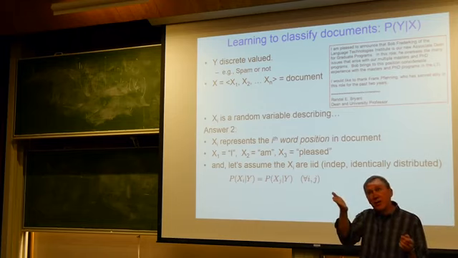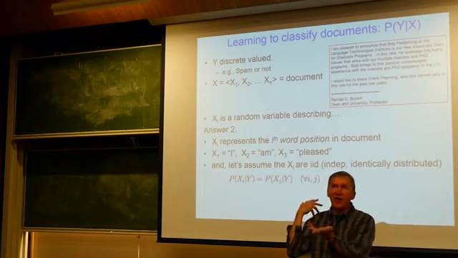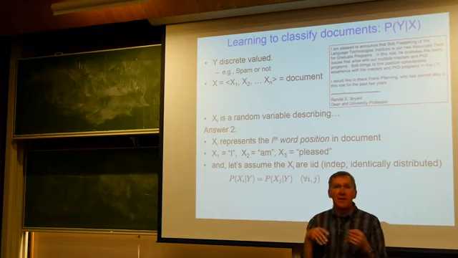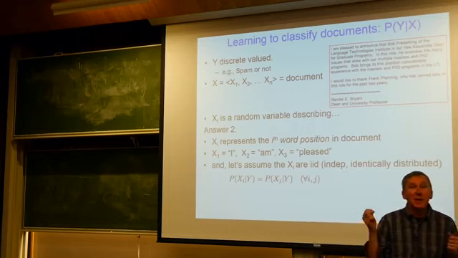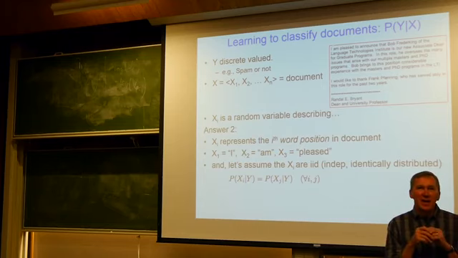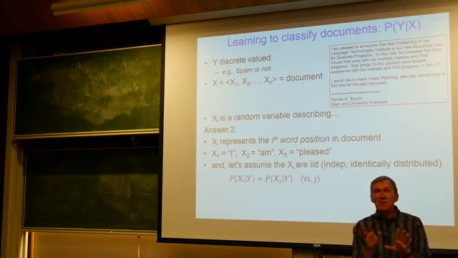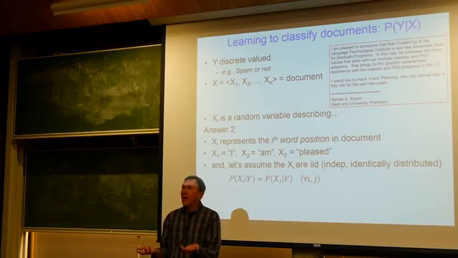Now, we do like to make realistic simplifying assumptions. And this one is really obviously false, and I agree with you on that. So my second justification for doing this is a lot of people do this, and it works. Other models that make more realistic assumptions may work better, but this one in practice is surprisingly effective.